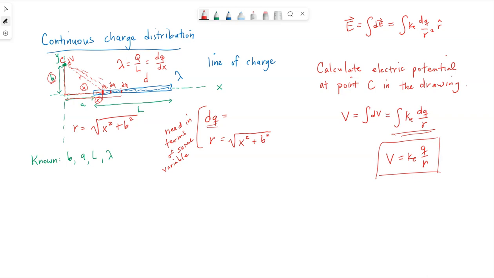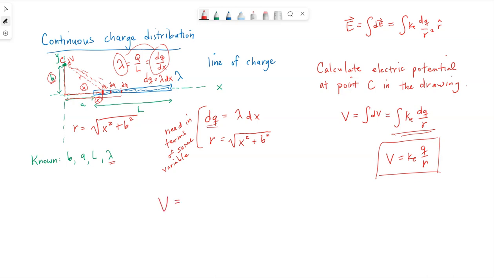If I solve for dq, I get lambda dx. I'm just equating these two together. It could also be q over L times dx. I'm assuming we have lambda and not a q. That's why I'm leaving this in terms of lambda. There's no x or y direction. That's fantastic. That was actually probably the hardest part of setting up the integral for the electric field.